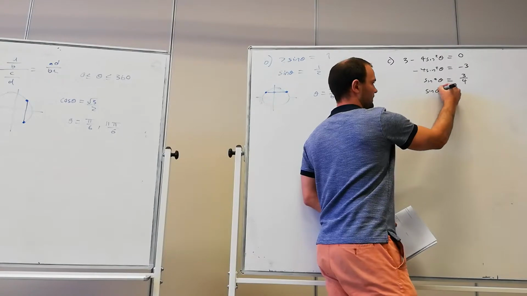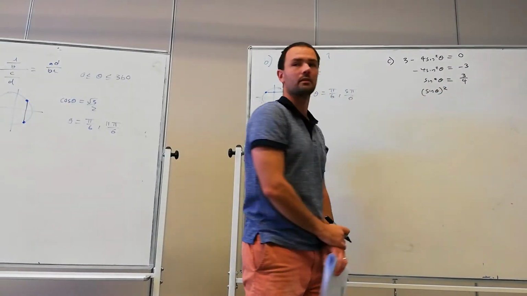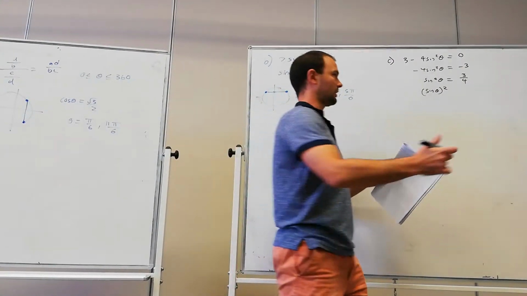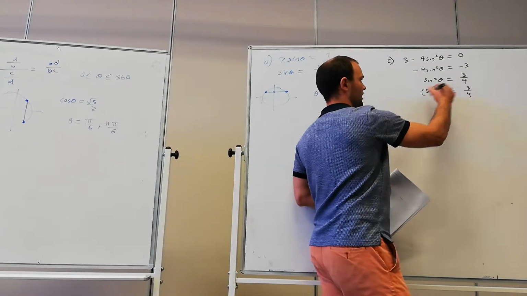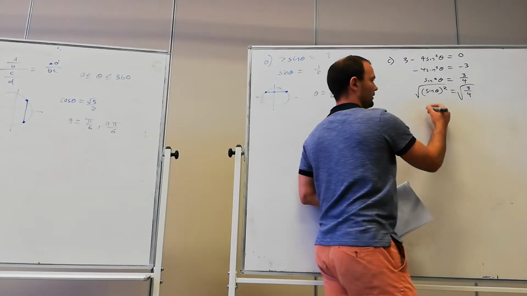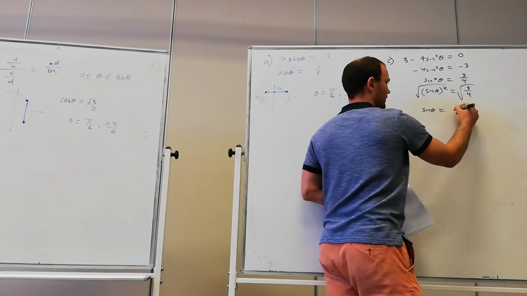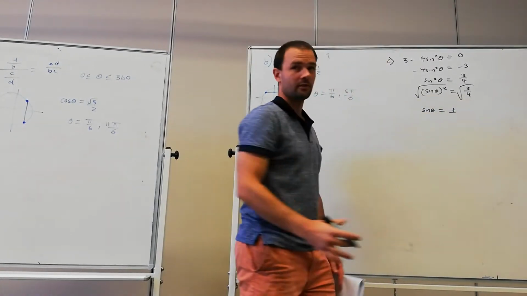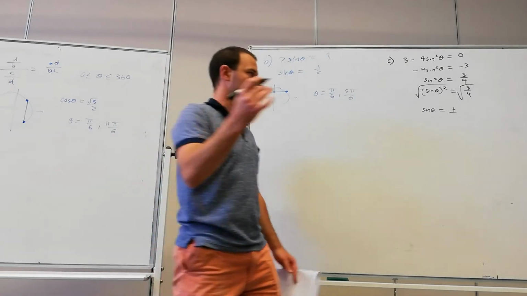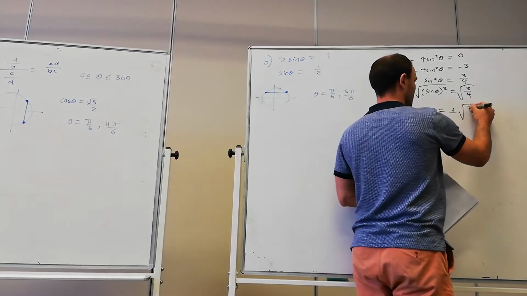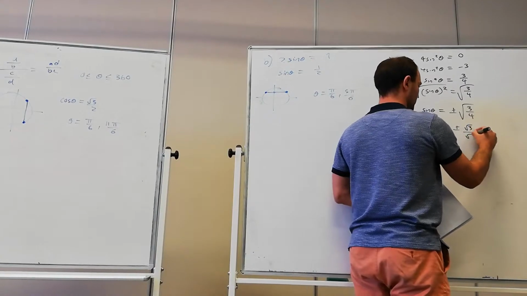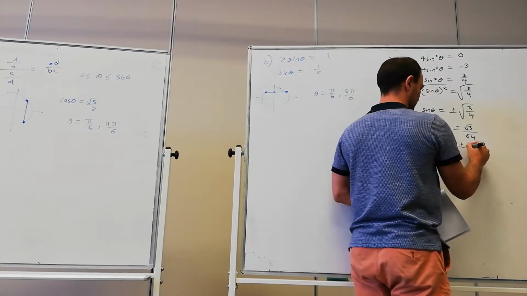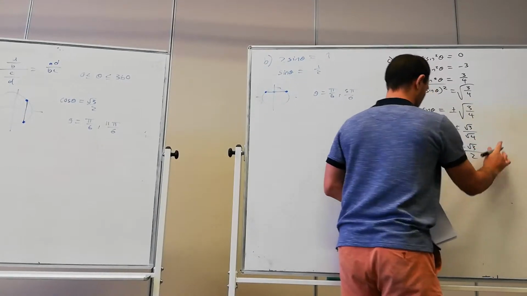But this is what it means: sine theta squared, sine theta times sine theta. So I'm putting a square root here and a square root here. And so we're going to get sine theta is plus or minus the square root of 3 on 4, and we're just going to process that a little bit. That's going to be plus or minus root 3 on root 4, which is plus or minus root 3 on top of 2.